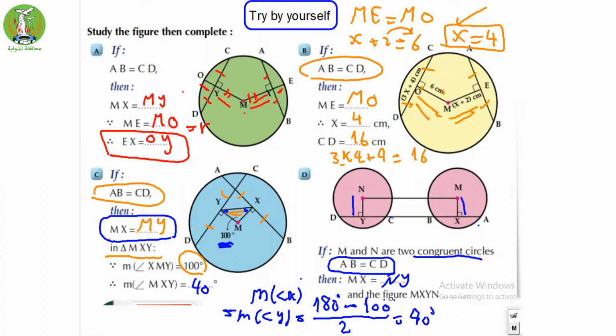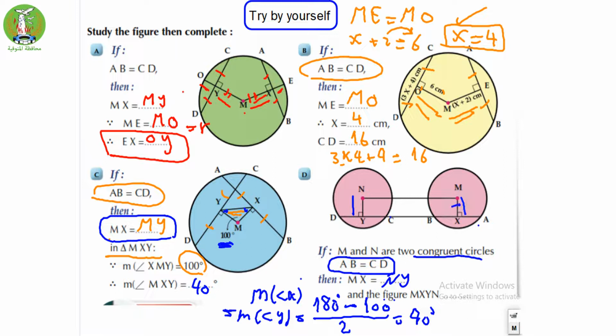And the figure MXYN is what? Since MX is perpendicular to AD and NY is perpendicular to AD, two line segments perpendicular to the same straight line, then MX is parallel to NY.